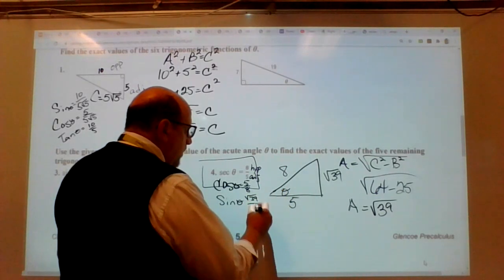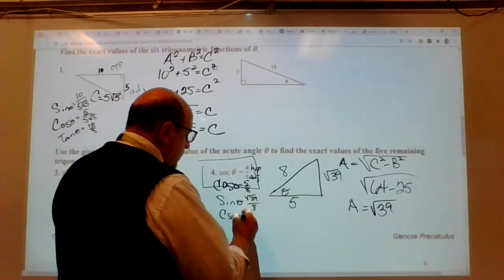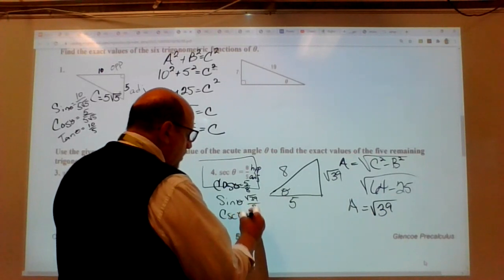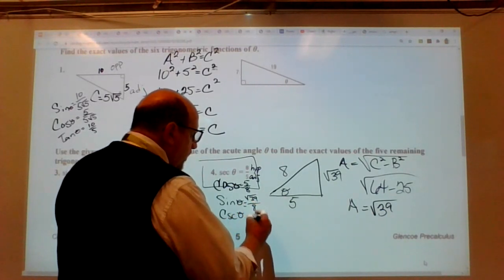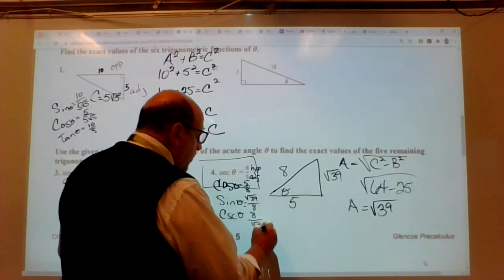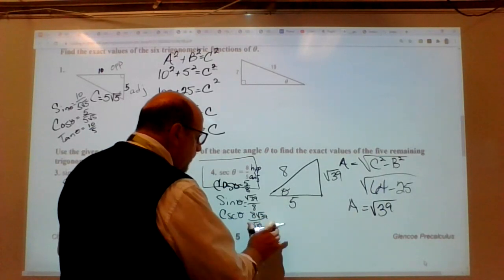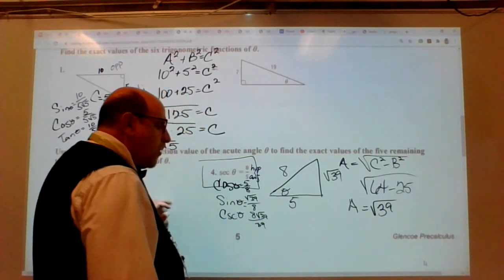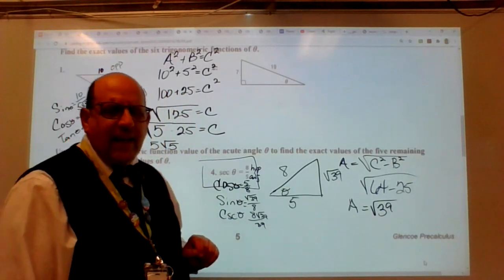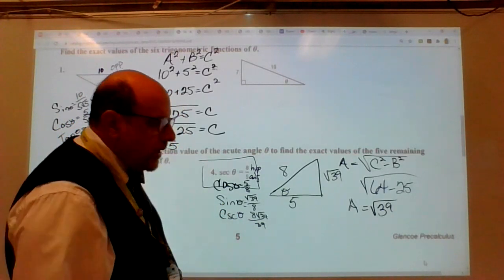Root 39, yuck, over 8, which means that the cosecant, oh, this is even worse. Look at this. It's 8 over the square root of 39, but we can't do it that way, so we have to make it 8 root 39 over 39. It's garbage. We hate that. What a horrible thing to look at.